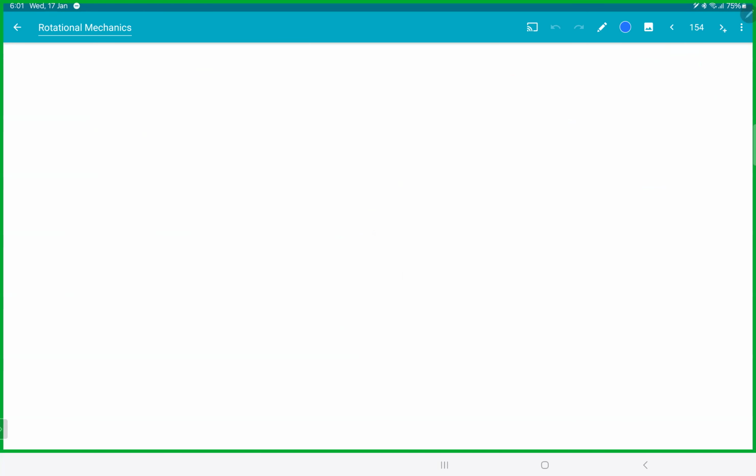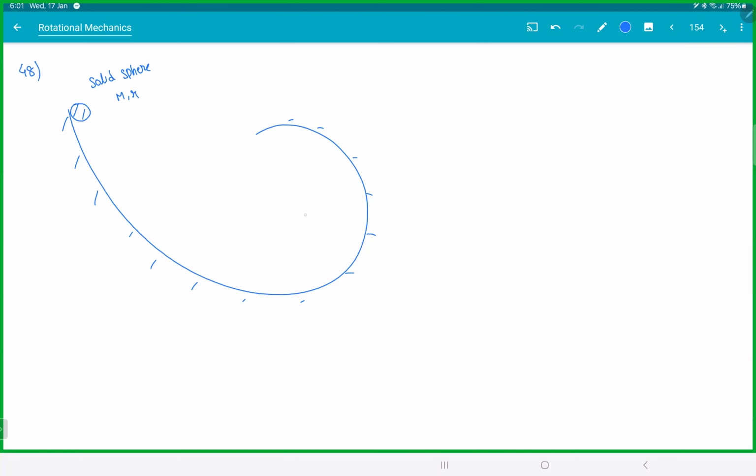Let's see. Next one. Let's start with the question. So that we have a track like this. We have done this in vertical circular motion. Solid sphere, mass m, radius r.